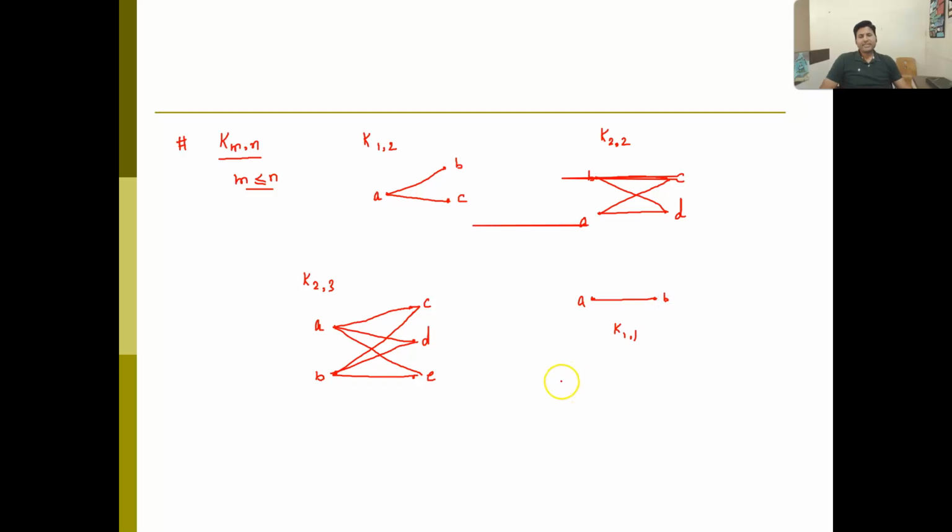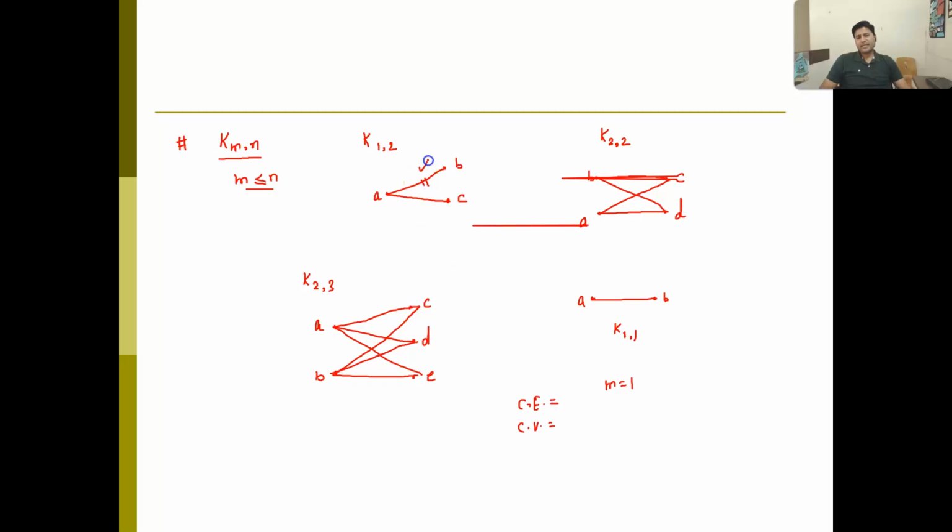Talking about the connectivity part. In K11, or when M is equal to 1, like K11, K12, K13, K14 kind of scenario, the cut edge and cut vertex is like over here.